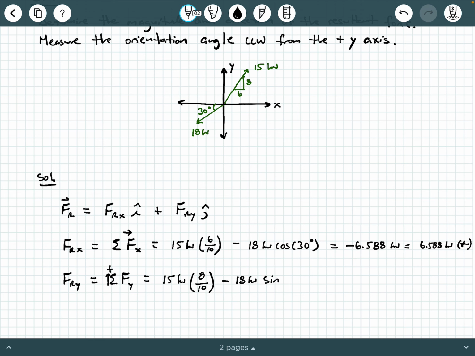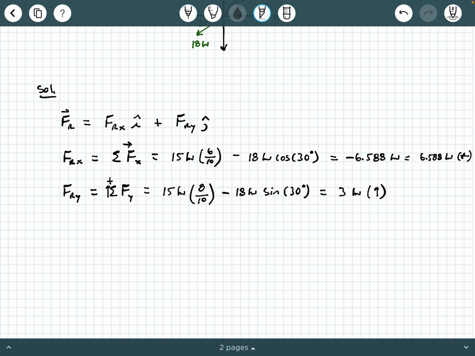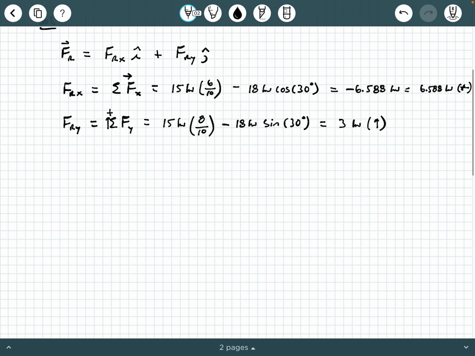Times the sine of that 30 degrees. And I get a positive 3 kilonewtons, which really means that that y component is pointing upwards. So if the x component of the resultant is pointing to the left and the y component is pointing up, then what quadrant are we in? Well, we are in quadrant 2.